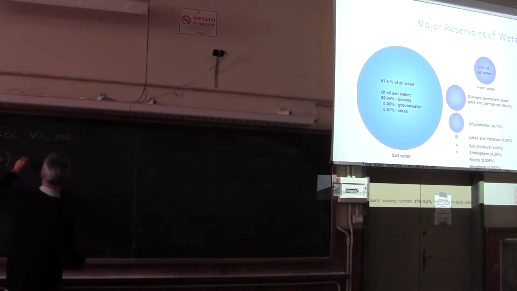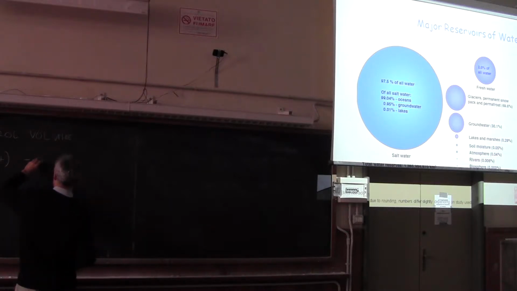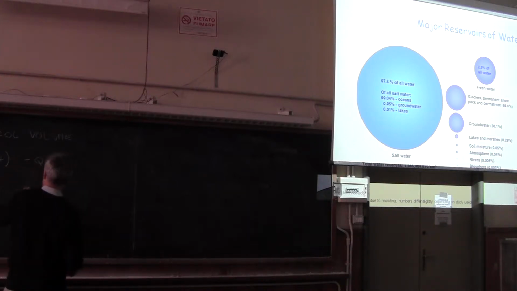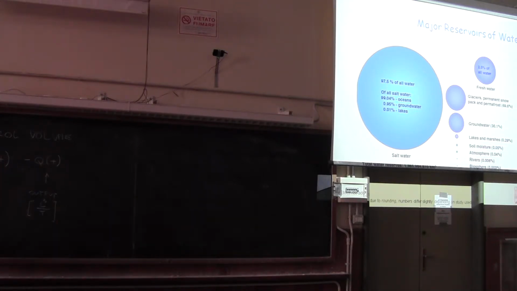Then, this is the input to the volume, and we have to subtract the output from the volume. Again, the dimension is L squared divided by time. L cube, not L squared. Oh yeah, sorry, cube. Sorry for that, I said square.